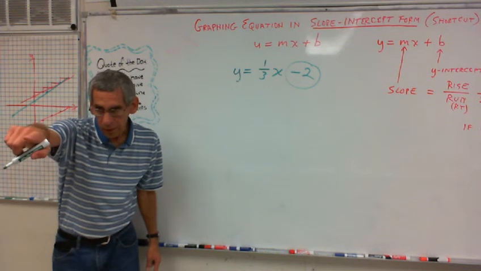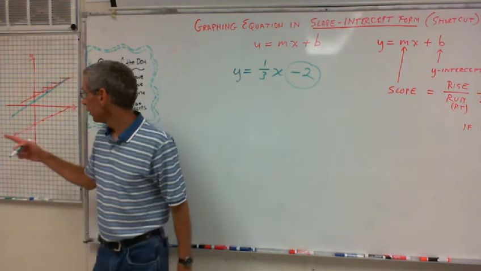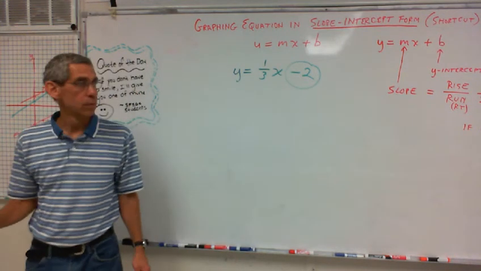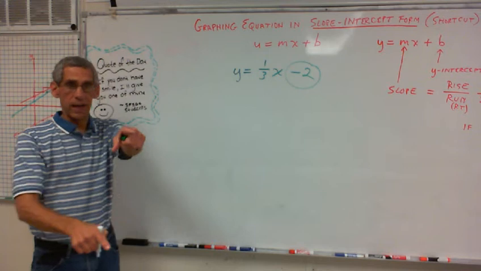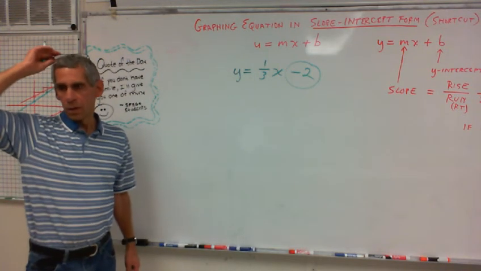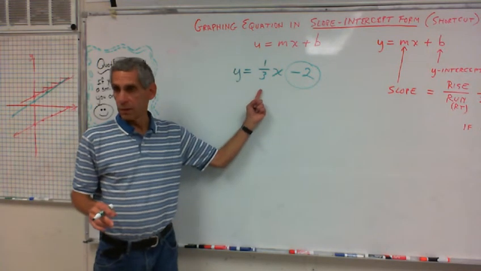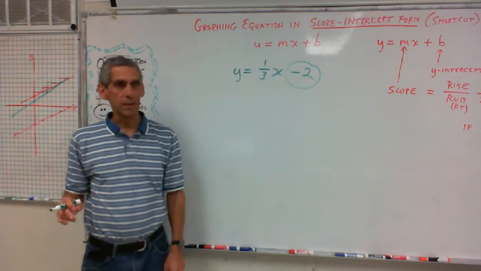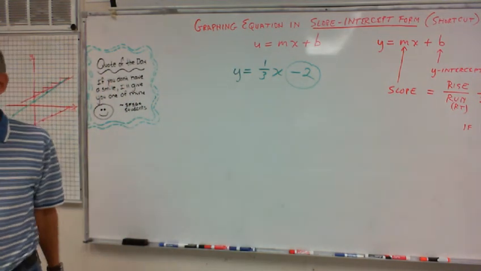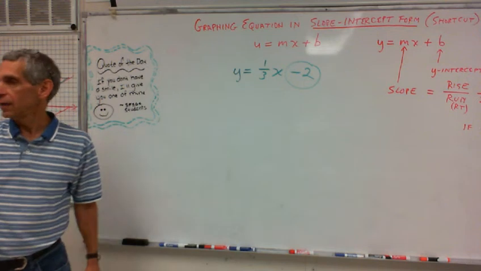You didn't rise 1 and run 2. You've got to rise 1 and run 3. You ran 2.